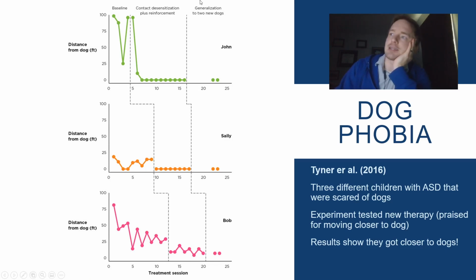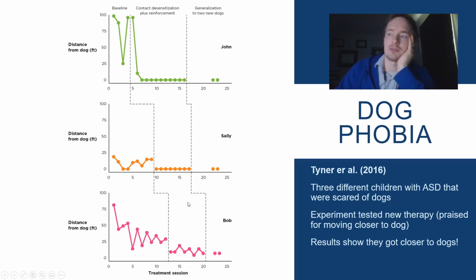Here, I said I was going to come back to this piece where they generalized across 2 dogs. Depending on your point of view, this could be an ABA design, or it could be an ABC design. Essentially here in this middle piece, we have this kind of therapy that they're doing, right? This treatment plan that is working towards getting kids to not be scared of their dogs.